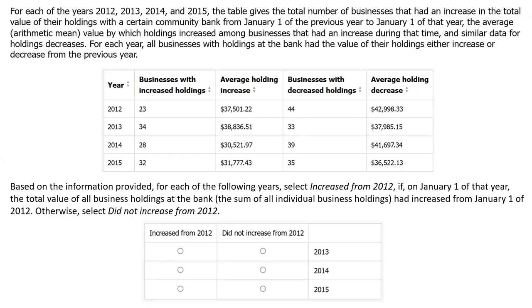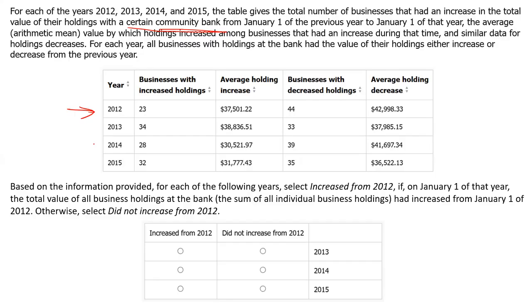So there is a certain bank. So the data presented is for that bank, right? So, for example, in 2000, not 2012, sorry.